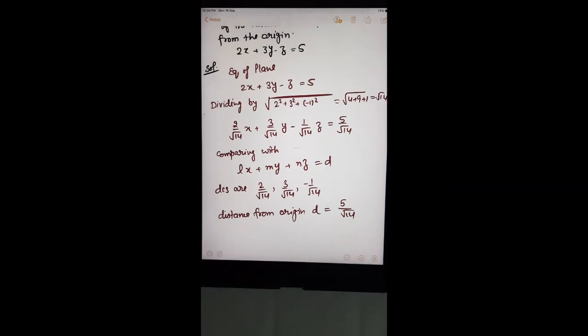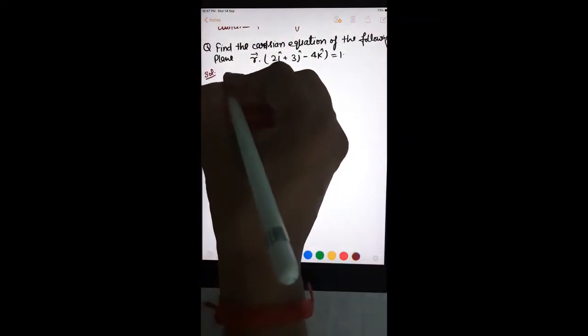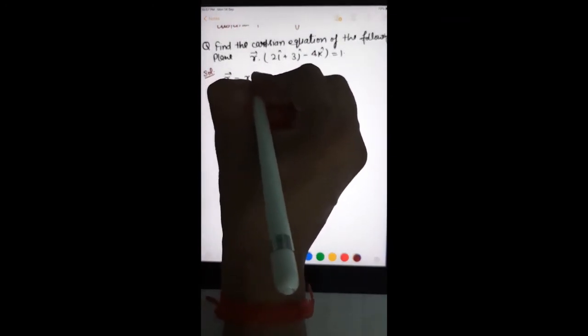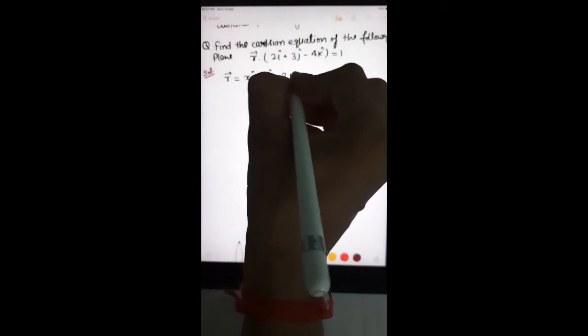Now I will take another question. Question is, find the Cartesian equation of the following plane, where the equation of plane in vector form is given as r dot 2i plus 3j minus 4k equals to 1. So to convert the vector form to Cartesian form, just write the value of vector r, that is xi plus yj plus zk.